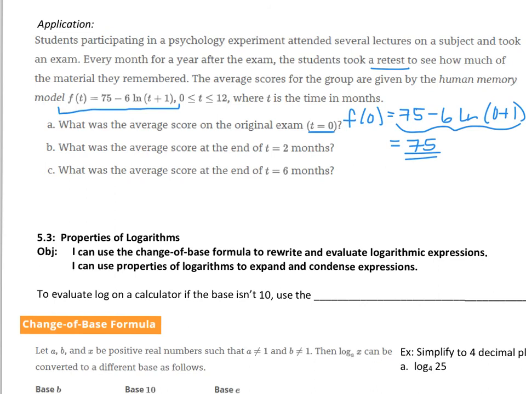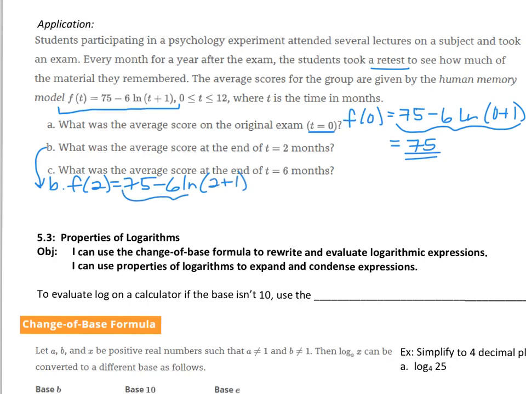For example B, I'm going to drop B down here. In 2 months, what do you think is going to happen? Do you think that they're going to remember more of the content or less of the content? Typically, it would make sense that they may not remember quite as much. So let's see if we plug in 2 for t, what happens to that output? F of 2 equals 75 minus 6 ln of 2 plus 1.